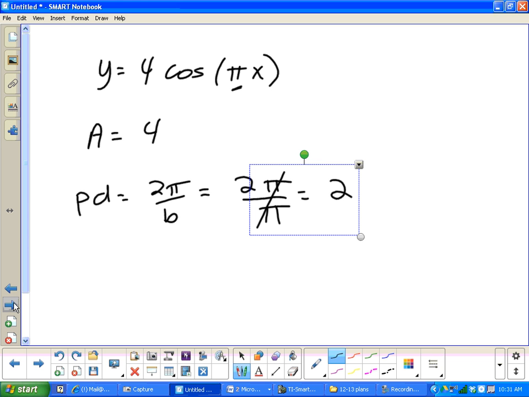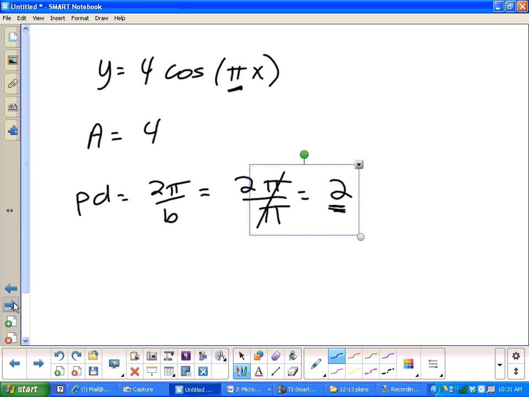The coefficient. So if it was 3 pi, then your period would be 2/3. Okay. Now, so the period here, since the coefficient was in terms of pi, the period will not be in terms of pi. Okay.